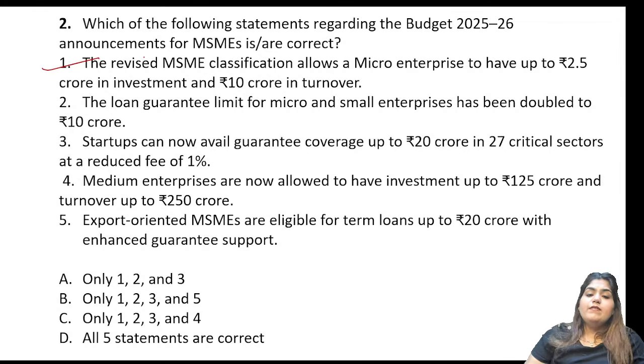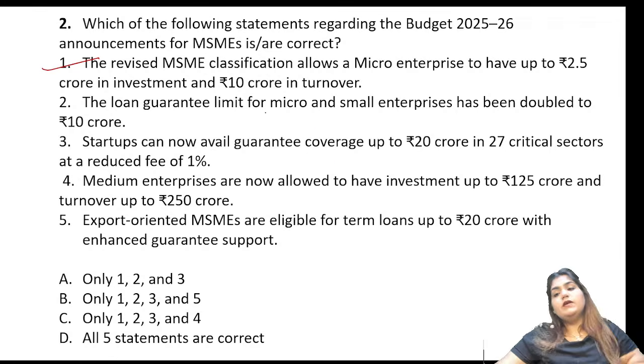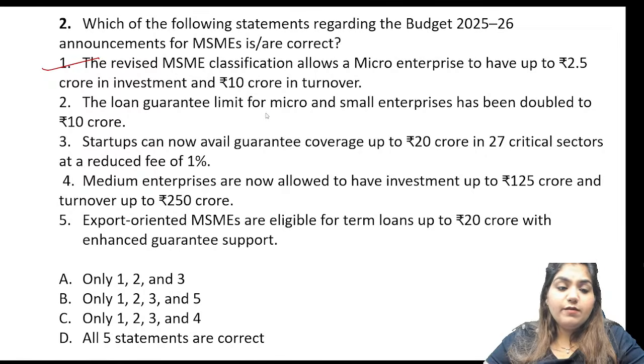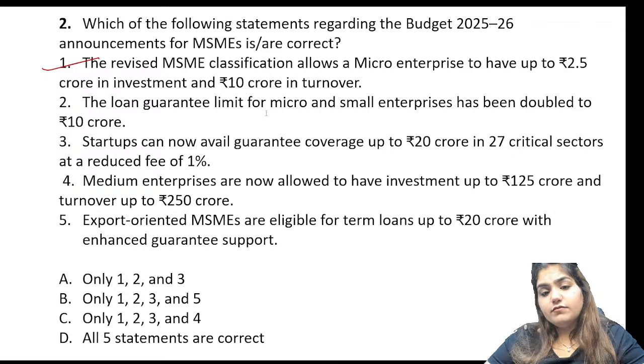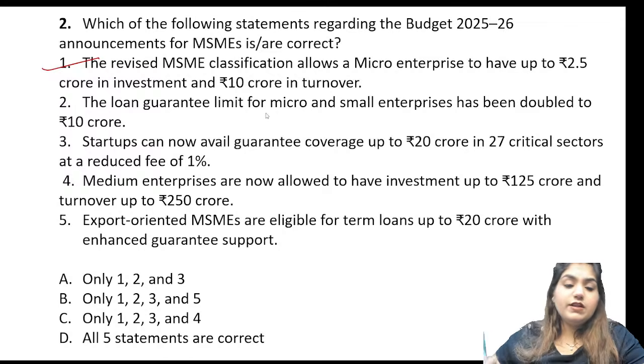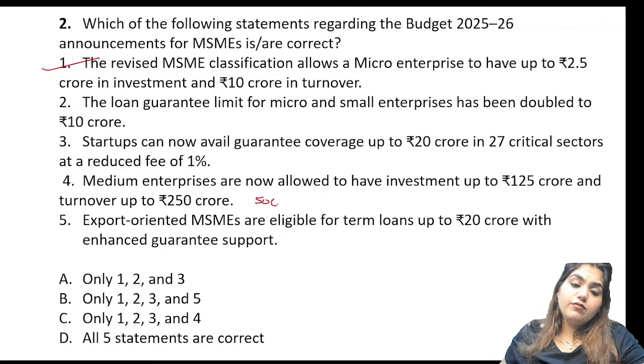The loan guarantee limit for micro and small enterprises can be doubled to 10 crore. Can it be doubled to 10 crore? Yes, it can be. Next, the startup can now avail guarantee cover up to 20 crores in 27 critical sectors, reduced fees 1%. Yes. The medium enterprises investment 125 crore and turnover 250 crore. No. The investment is 125 crore, but the turnover is 500 crore.